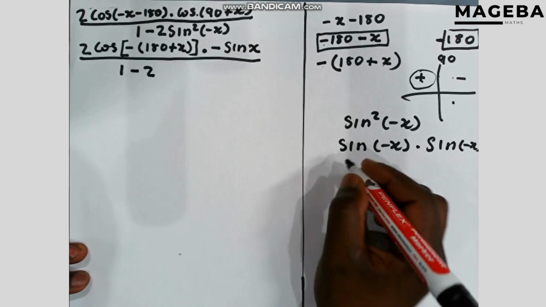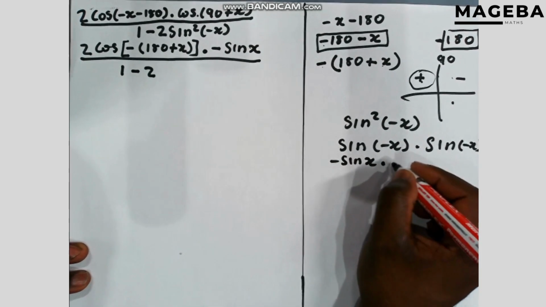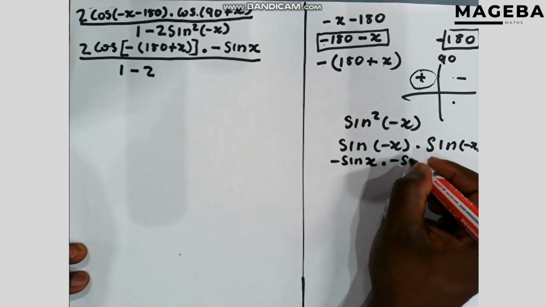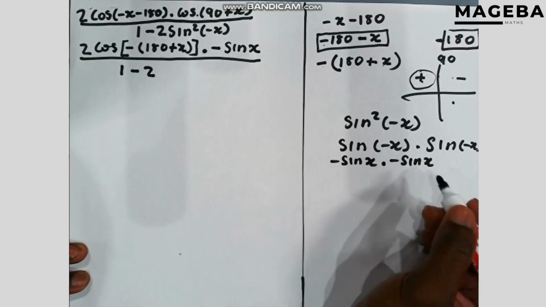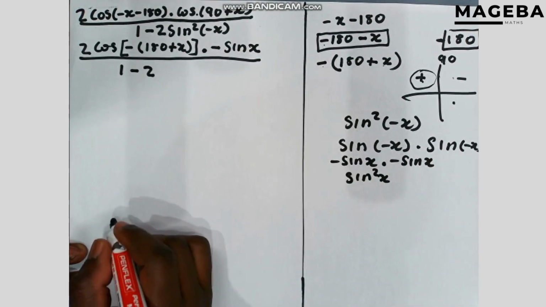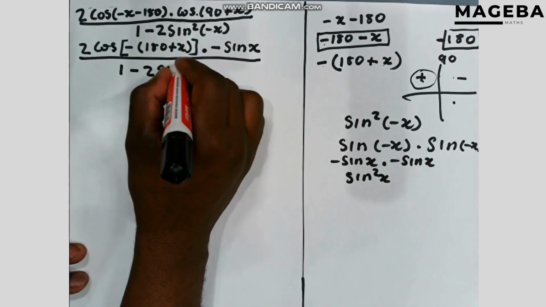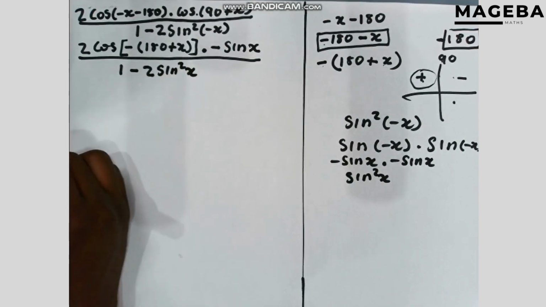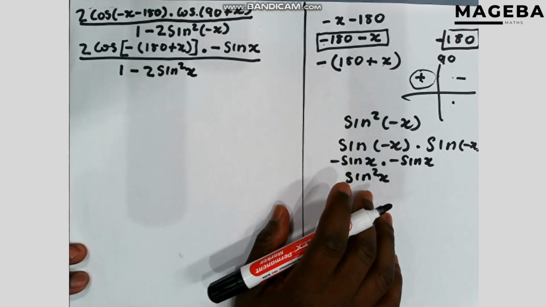Sine of a negative angle is just negative sine x, times negative sine x. Multiplying these two, negative times negative is positive, so we're just going to have sine squared x. So here we just return with sine squared x. I hope you remember that one. I hope you did understand what I was doing here.